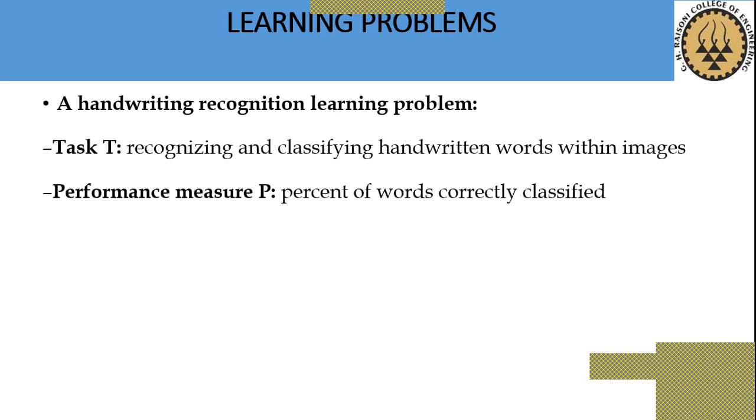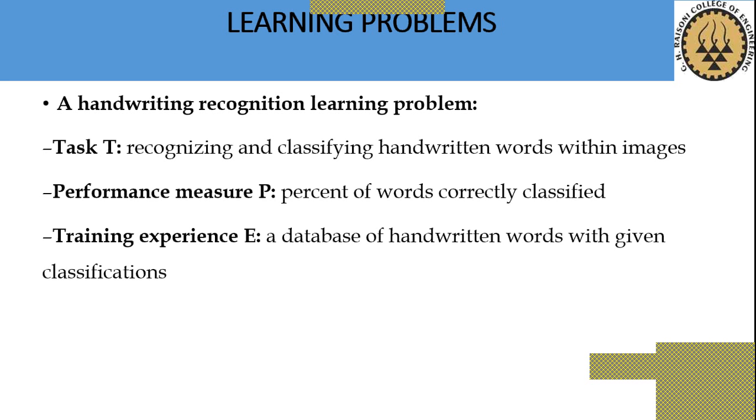How much accuracy is there? Using this, you find the performance. And the last is the experience. From where are we getting the experience? It is a database of handwritten words with given classifications.